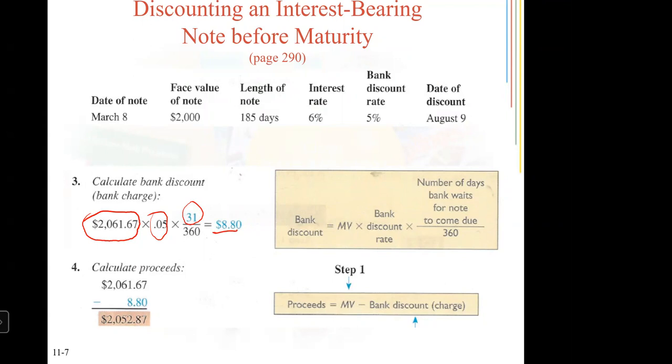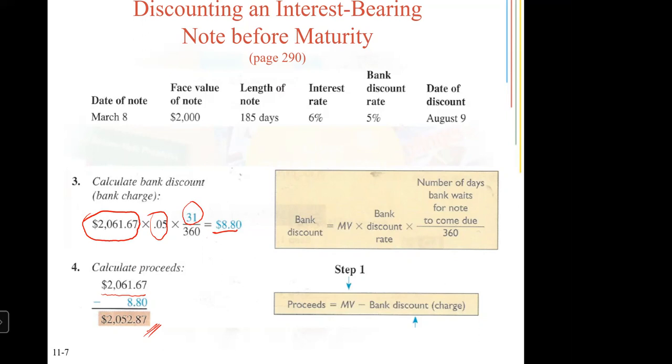And so they are going to take that $8.80 out of the full value, maturity value of the note, which is 2,061.67. And so what is left is what the company that's discounting the note is going to get.